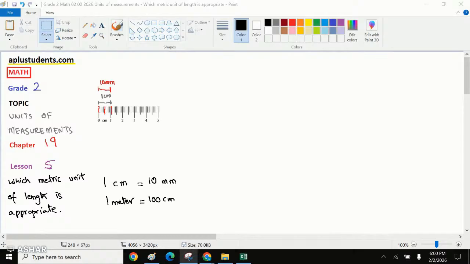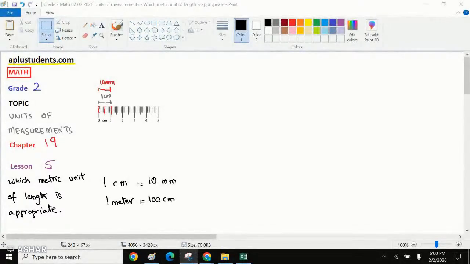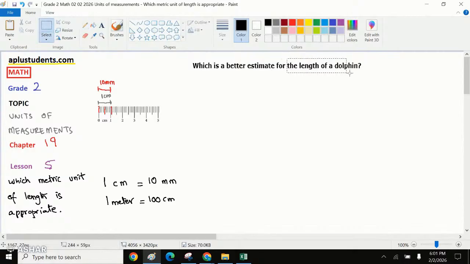What they are saying is, which is a better estimate for the length of a dolphin? Can the length of a dolphin be a millimeter? A millimeter is like the thickness of your nail, right?